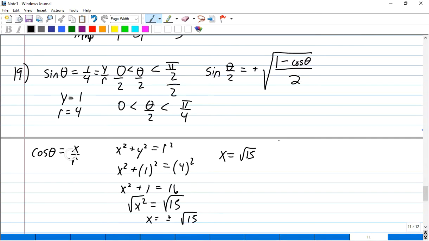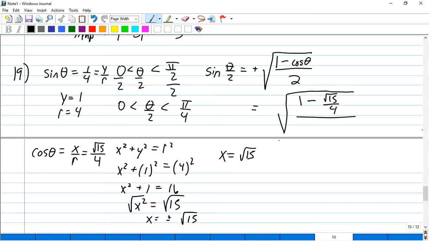So cosine of theta then is going to be positive square root of 15 over what? 4, the radius. So that's what we have to use in our formula. Okay? So sine of theta over 2 is the square root of 1 minus square root of 15 over 4, all over 2.